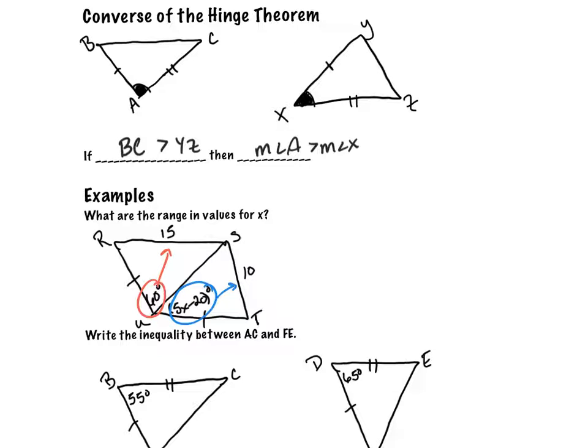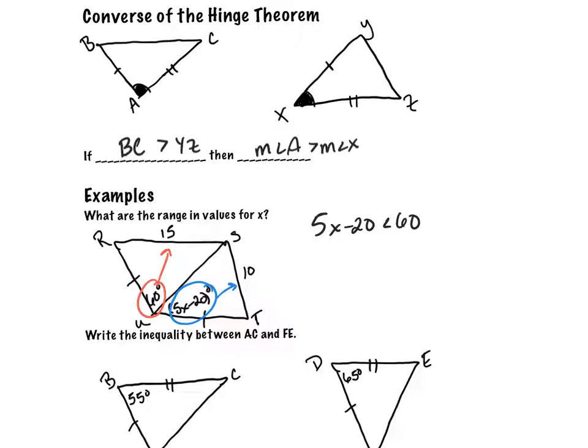So I'm going to think about whether 5x minus 20 is going to be greater than or less than 60. Why the less than? Because 10 is less than 15. Because it's across from the smaller side, I know that it's less than the other angle.